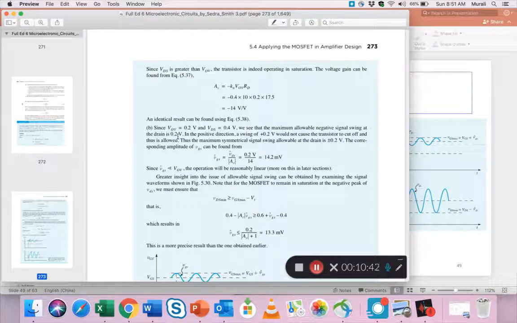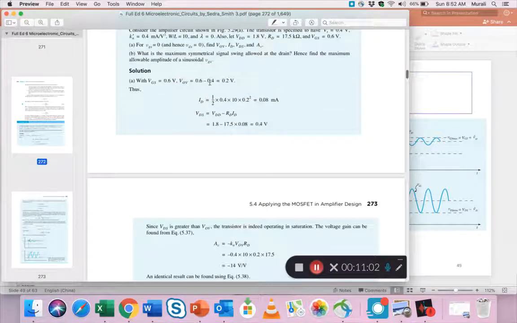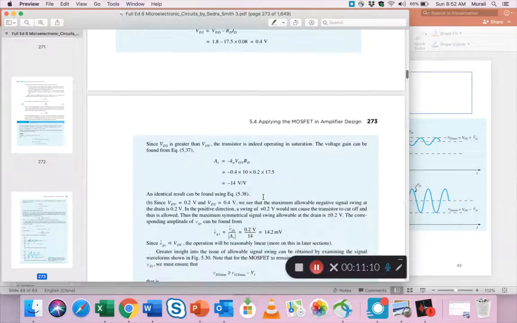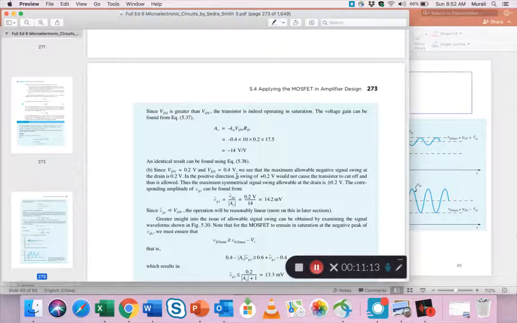So first of all, now first part of the question says find the output swing, then find the input swing. The output swing is the DS swing, drain to source voltage. So he says, since we know that at the Q point VDS is 0.4, which we just calculated here, VDS we calculated as 0.4, which is the bias point, which is Q. And how do you guess what the B point is?